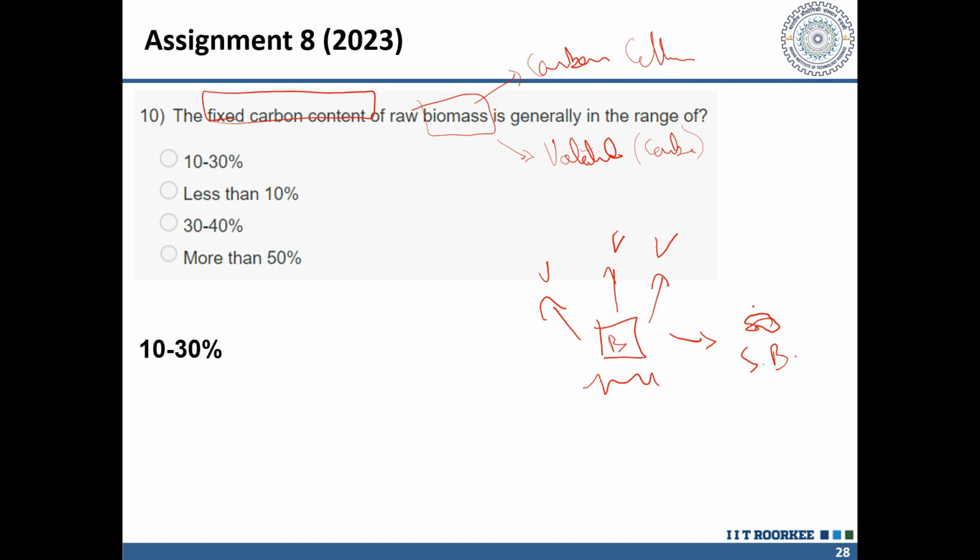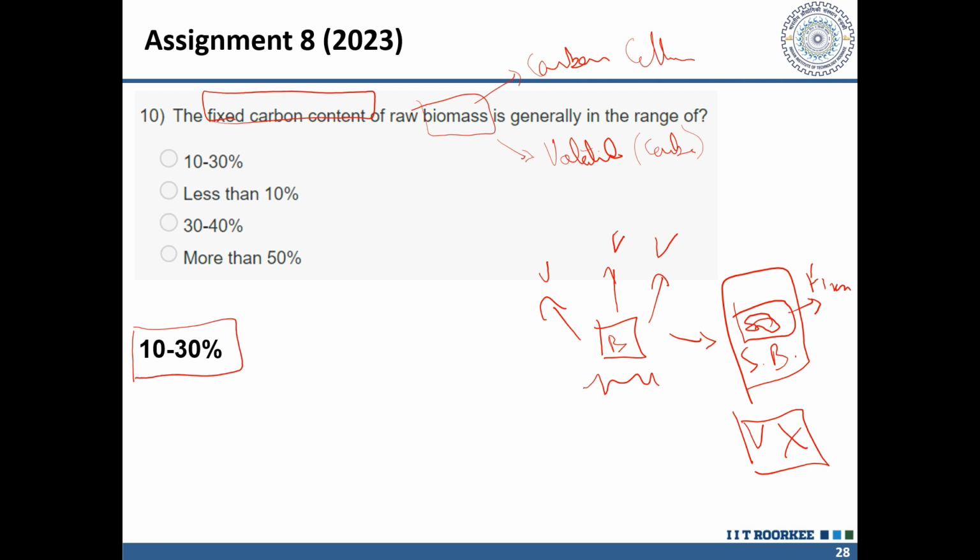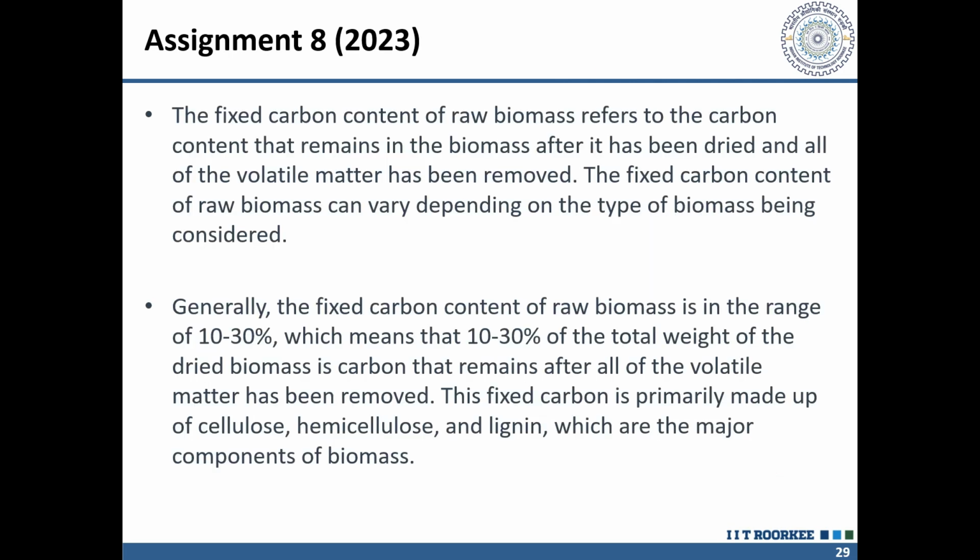The amount of carbon present in this solid biomass, which does not have any kind of volatile, is known as fixed carbon content. The fixed carbon content is generally in the range of 10 to 30%, and this range depends upon the various types of biomasses.